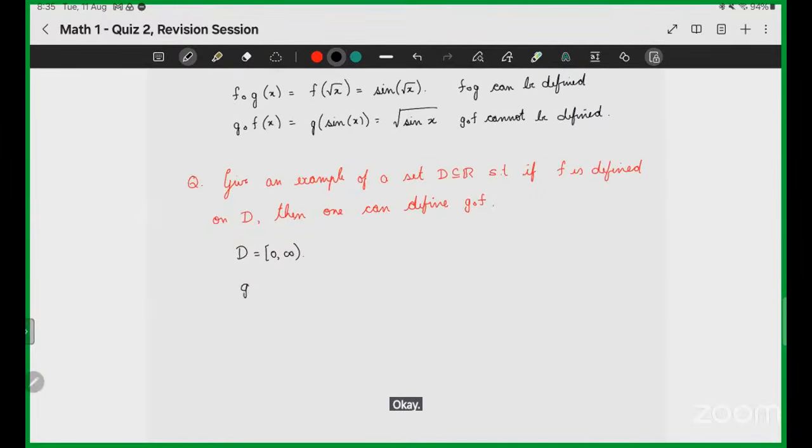How would we do g of f of, let's say, 3 pi by 2? That's a positive number. What are we going to do? Then it will be square root of sine 3 pi by 2. Is this a problem? No, it can be defined.